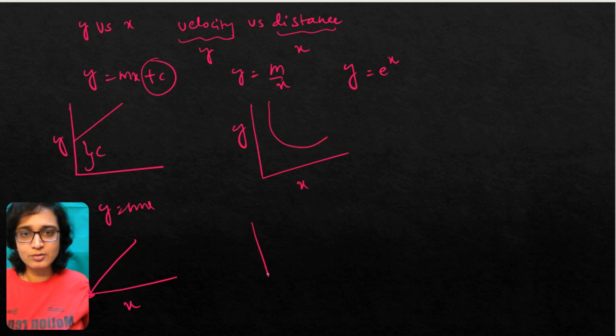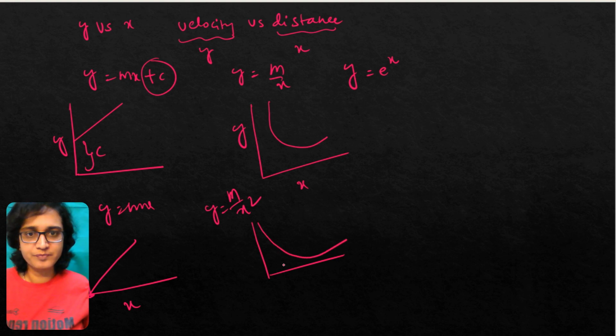If y is equal to m by x square, the graph will be like this, same y and x. If x cube, it will be much more like this. Y is equal to e power x, the graph will be like this. These graphs you have to remember.